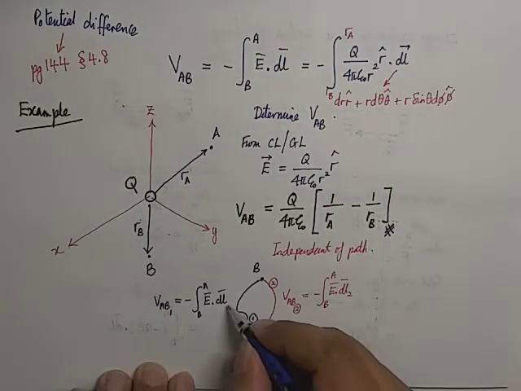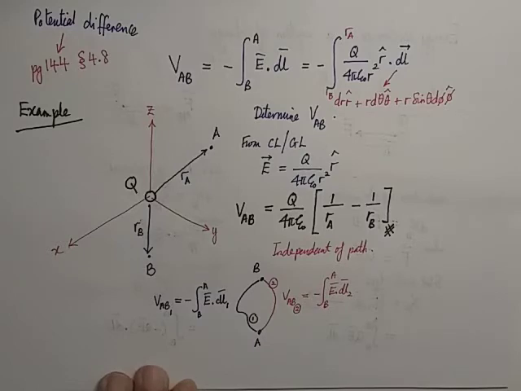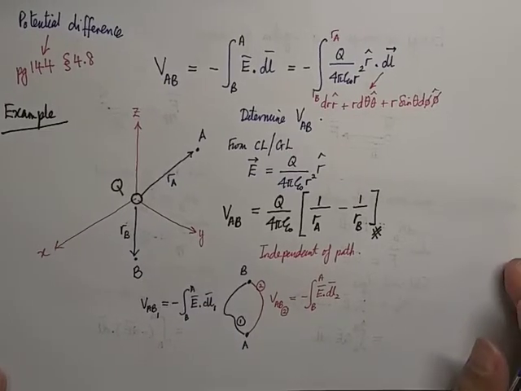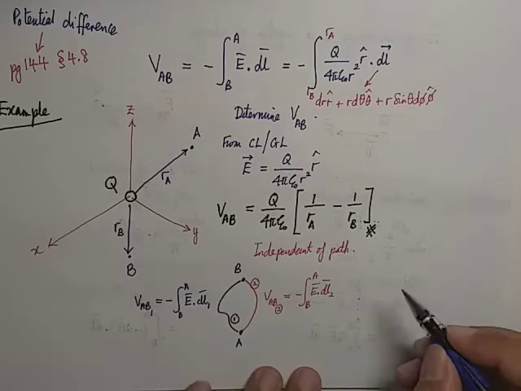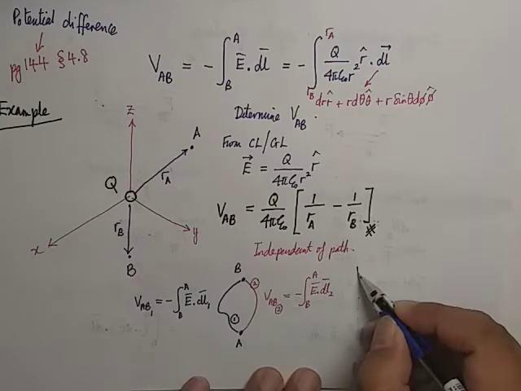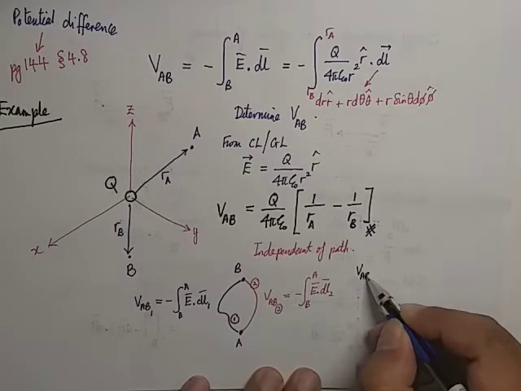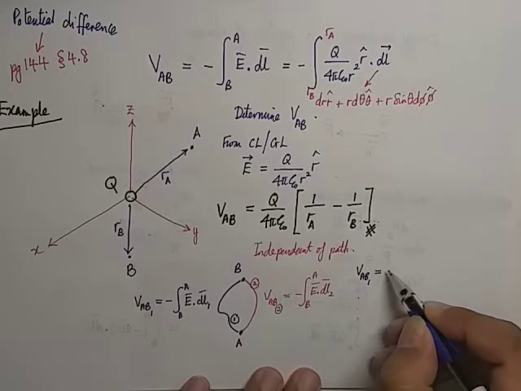This one we call dl number 1. So then, just to make it a mathematical argument, can I say now that VAB1 is equal to VAB2?